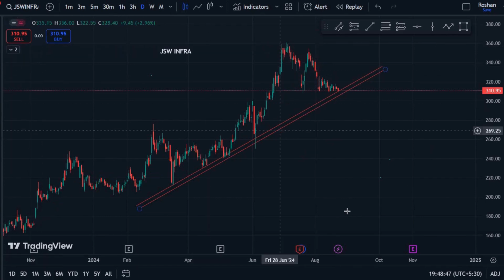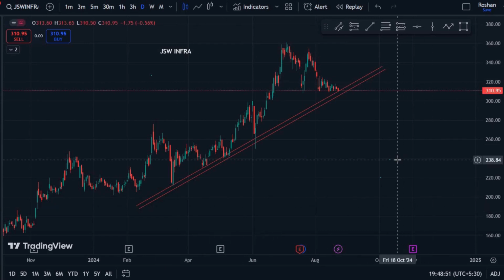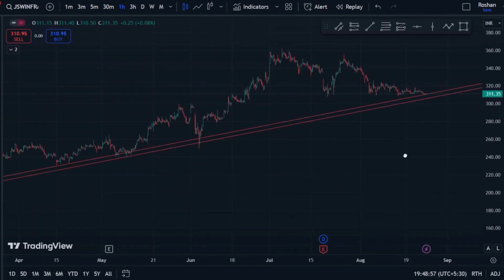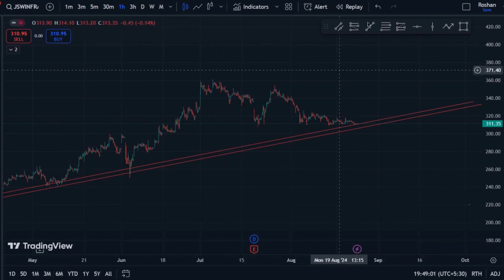So let's go to 1 hour time frame and let's draw the trend line for the 1 hour time frame. Like I said, I'll be using yellow color as a color code for 1 hour time frame.